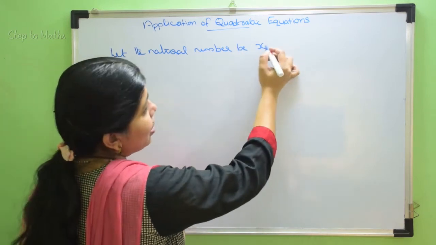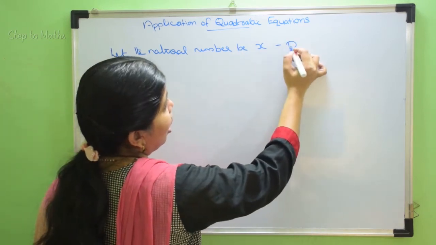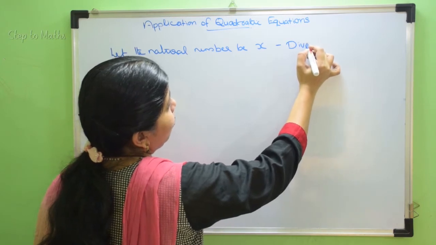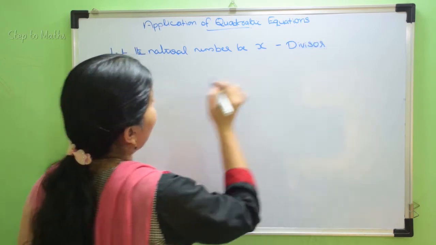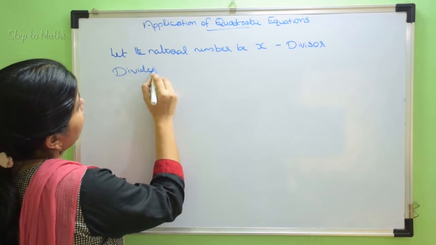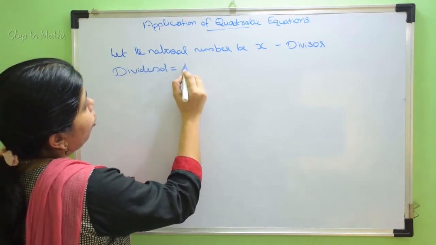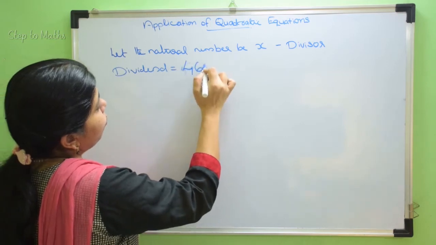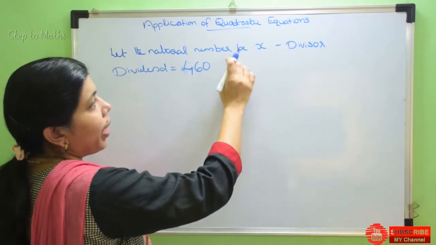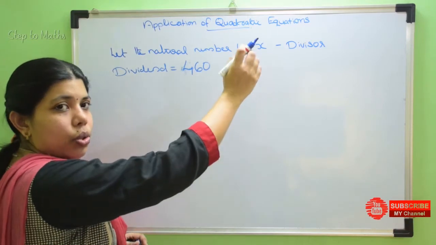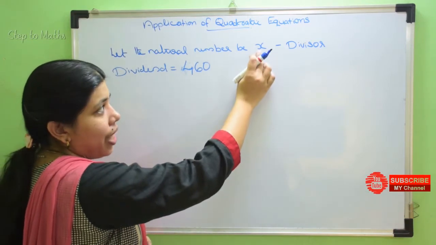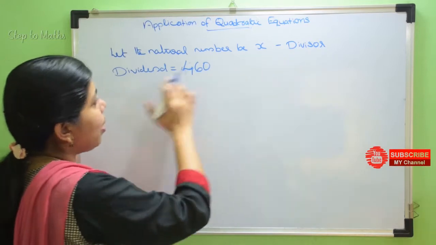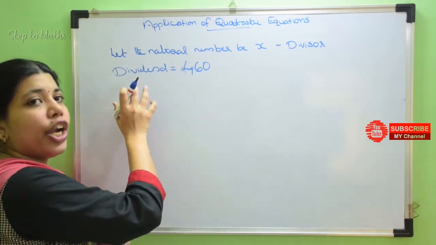So we can write this x as the divisor. Here the dividend is 460. So we take that natural number as x, that is the divisor, and 460 is the dividend.